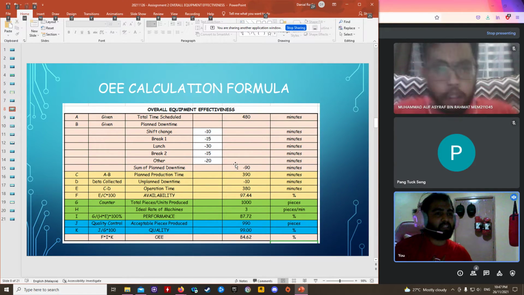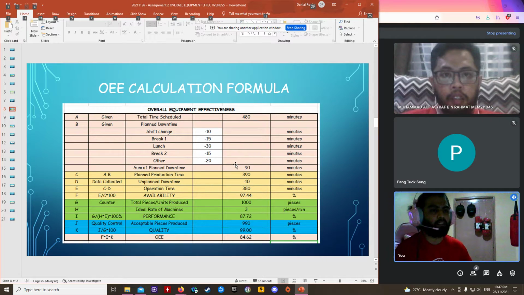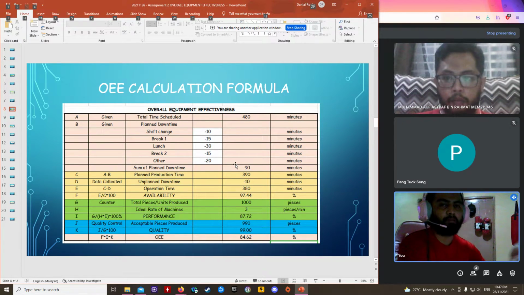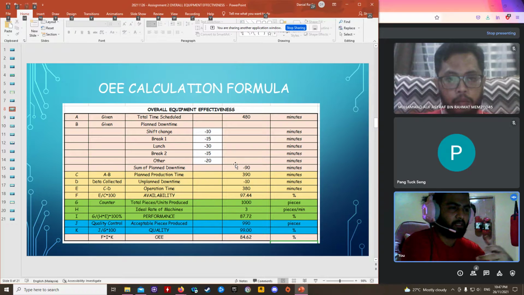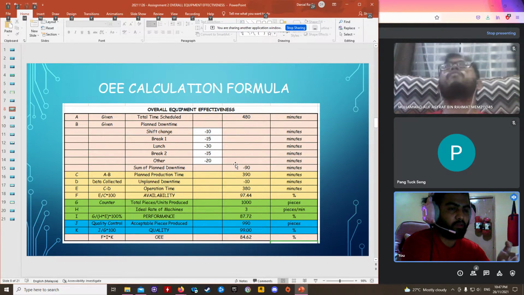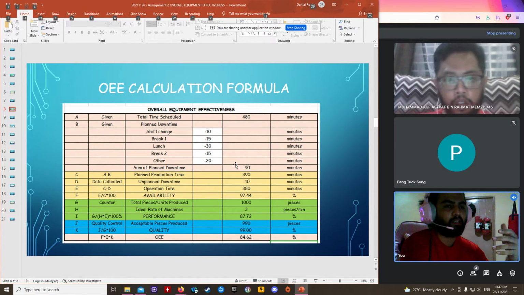Okay, this is another sample calculation for OEE. This one is based on minutes. For example, from the first row, row A, we have a given total time schedule at 480 minutes. And at B, we have a planned downtime.